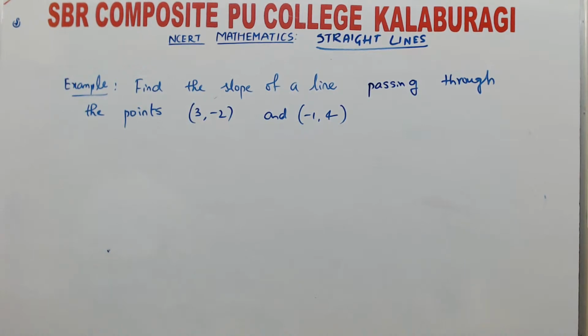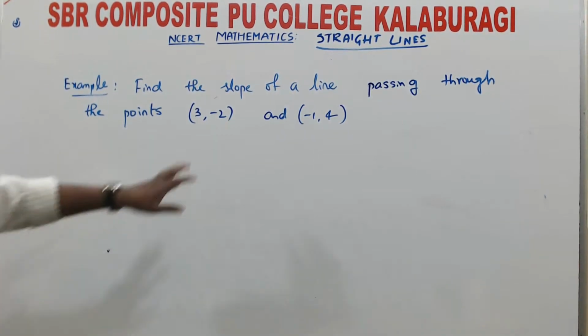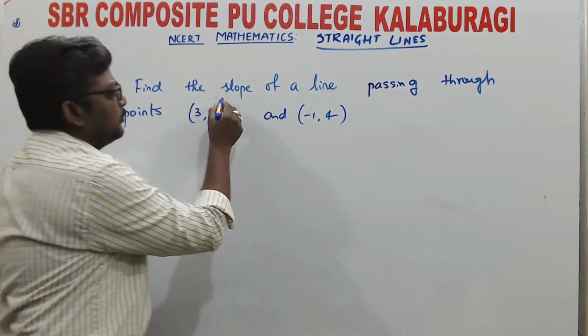Here we know 2 points are given, and they want the slope of that line.